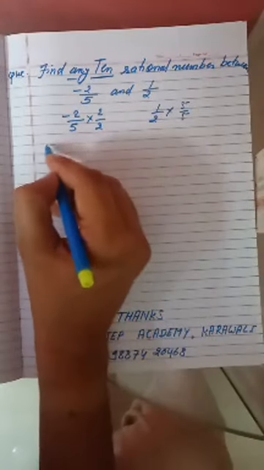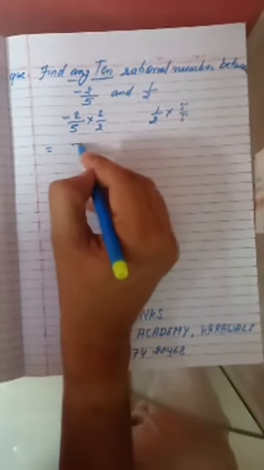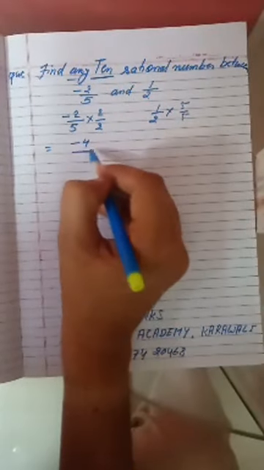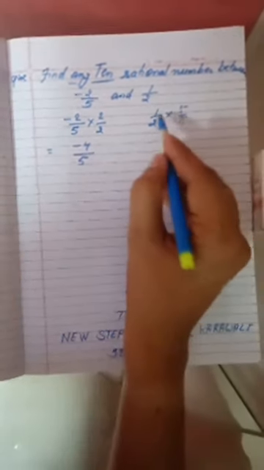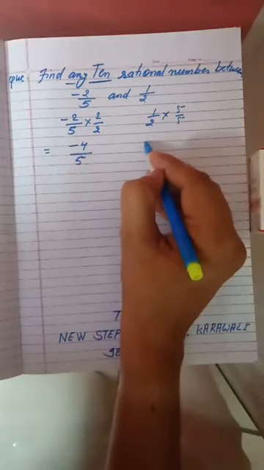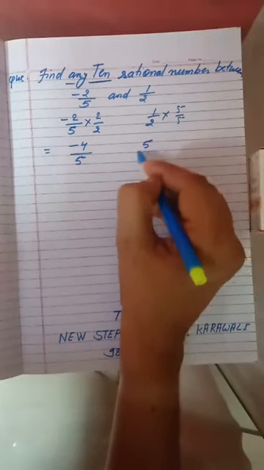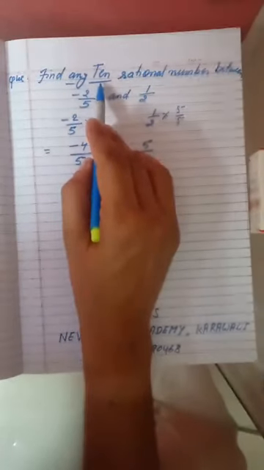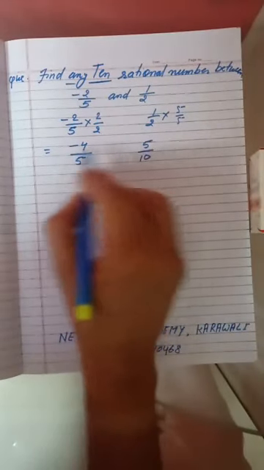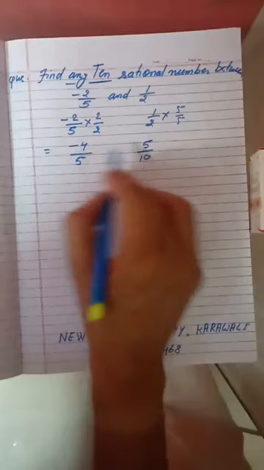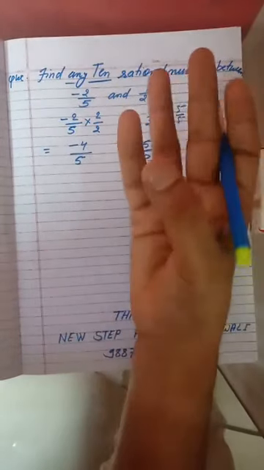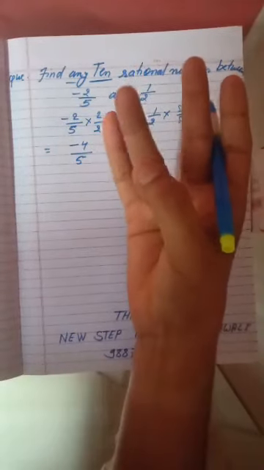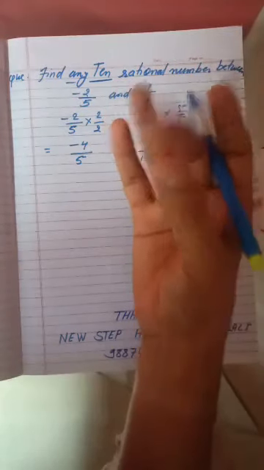Okay, now -2 multiplied with 2, it is -4 divided by 10. 1 multiplied with 5, it is 5. 2 multiplied with 5, it is 10. Now how many numbers do you have to find here? 10, but the difference between the integers is -3, -2, -1, 0, 1, 2, 3 and 4.